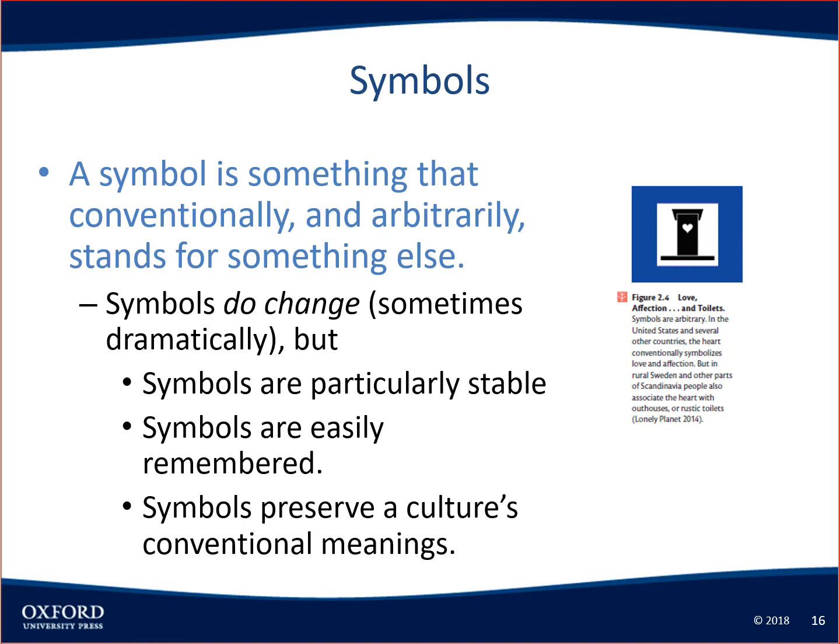As I said before, symbols are references to other things. They don't necessarily have to mean or look like they mean something in order for them to actually mean that. So a symbol is something that conventionally and arbitrarily stands for something else.